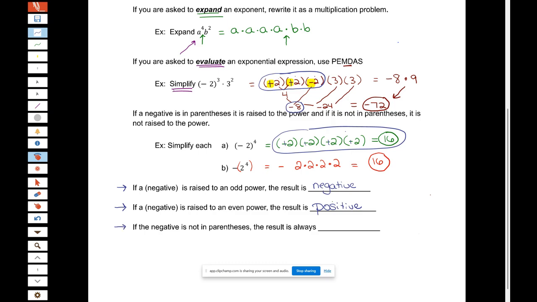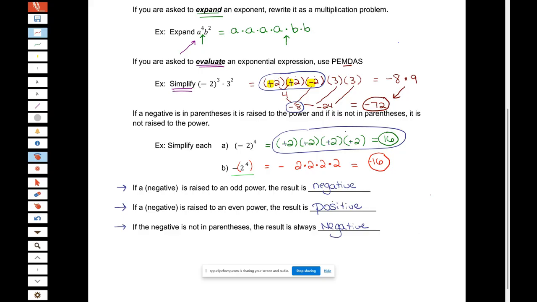If the negative is not in parentheses, the result is always negative. Like in this example, the negative was not in parentheses, so the negative is there 1 time, which is an odd number of times. So the answer should be negative, and I forgot to write my negative there.